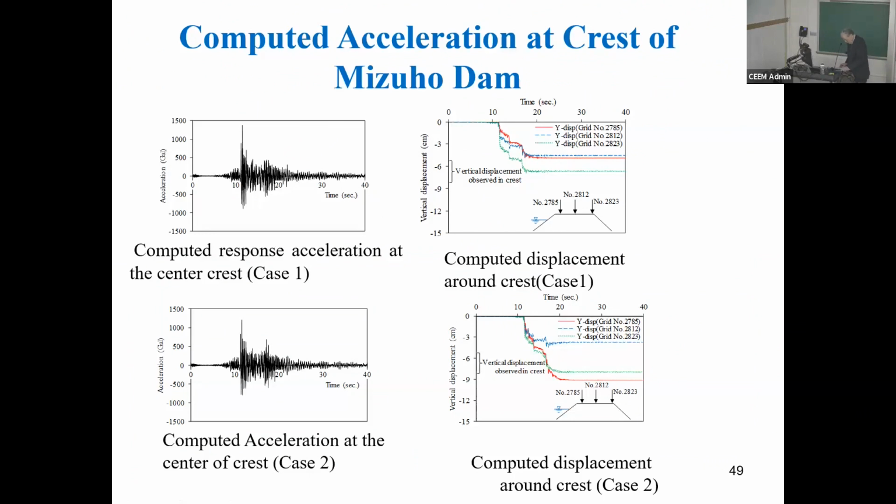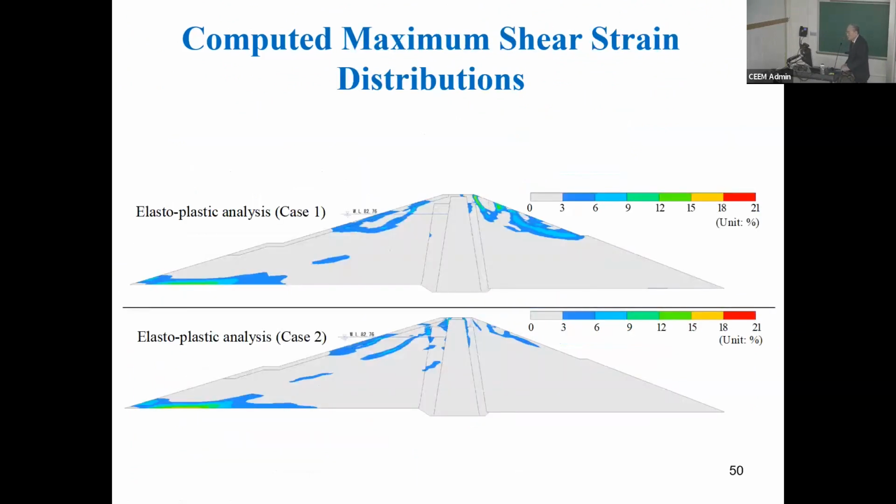Almost similar result. This shows computed maximum shear strain distribution. Maximum shear strain. And around this severe crack, we can see it occur.